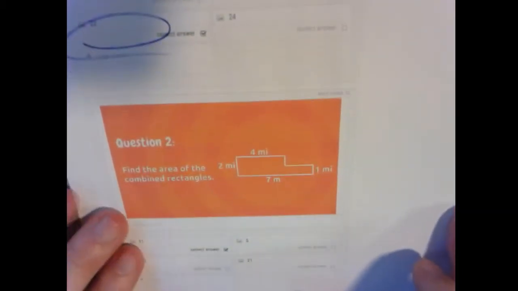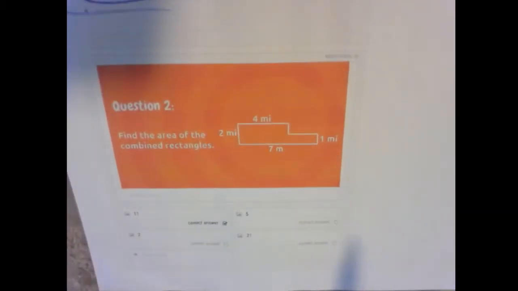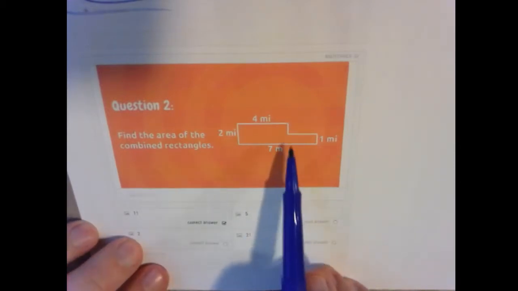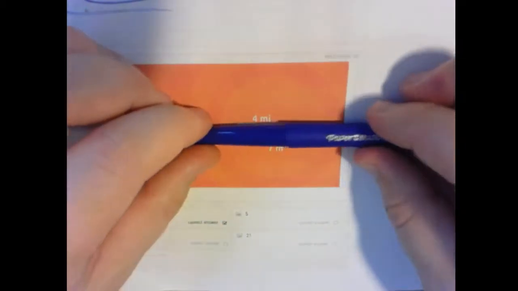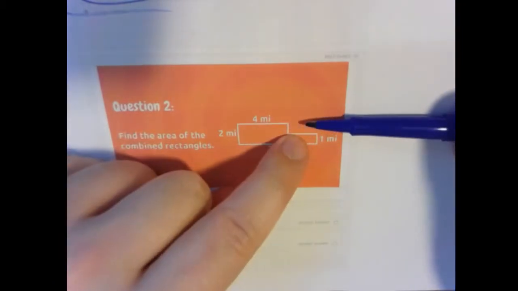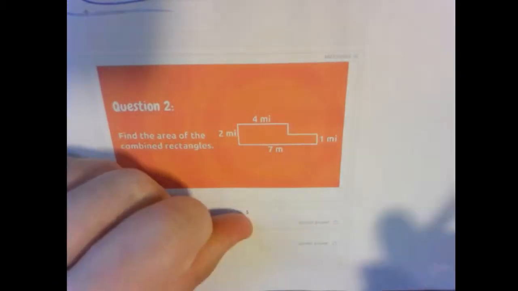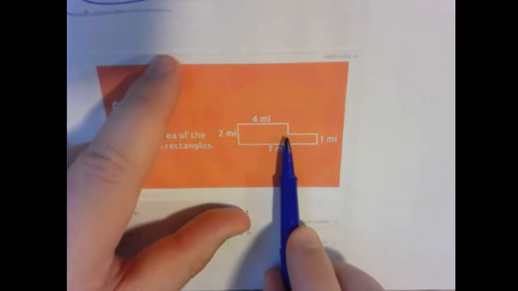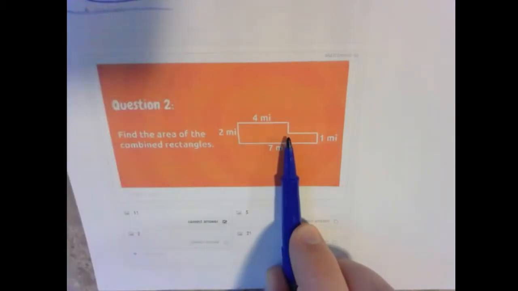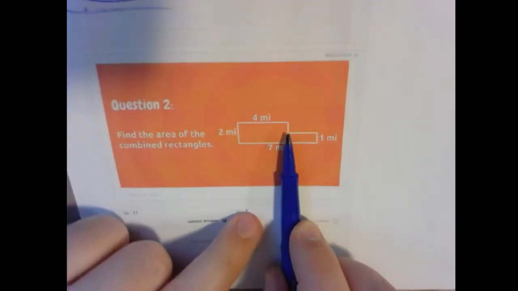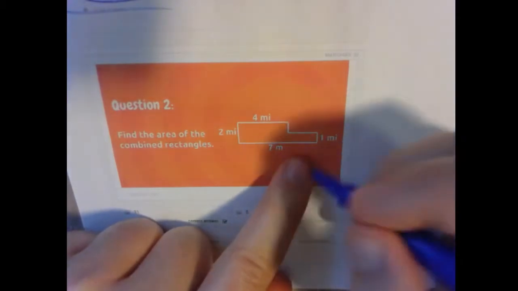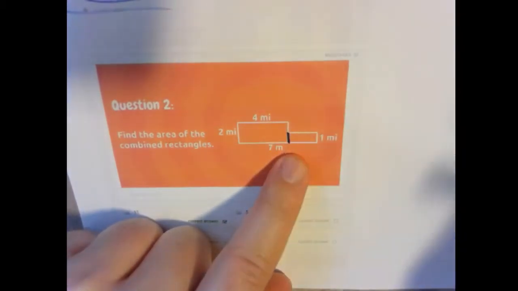Okay, let's practice another one. So the first step, if we're doing the additive way, is to break this into rectangles. Now we could draw a line lengthwise and make two very skinny rectangles, or we could draw the line here, which I think would make a little bit more sense, breaking this into a left and right rectangle.